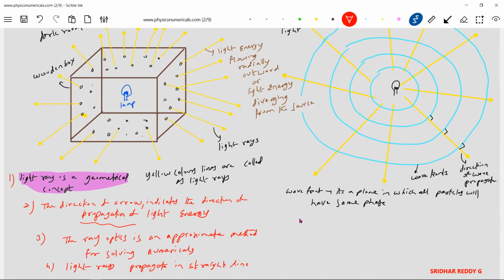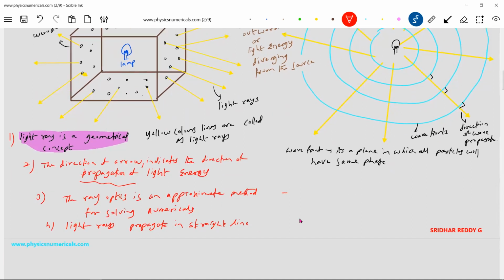So what is the speed of light in vacuum?